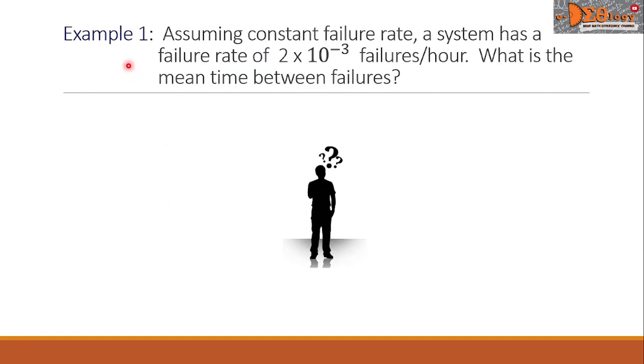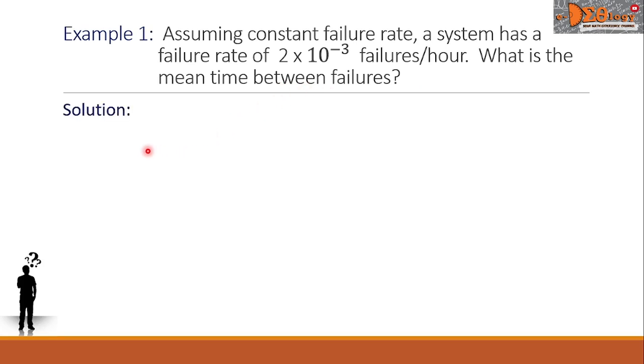Let us see example 1. Assuming constant failure rate, a system has a failure rate of 2 times 10 raised to negative 3 failures per hour. What is the mean time between failures? The lambda here equals 2 times 10 raised to negative 3.